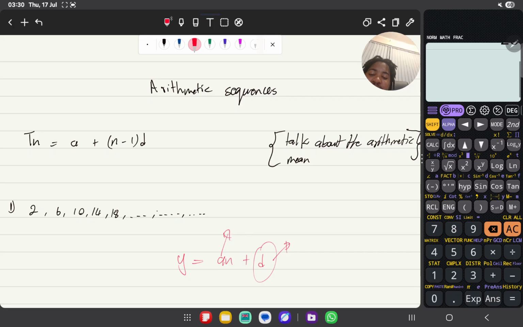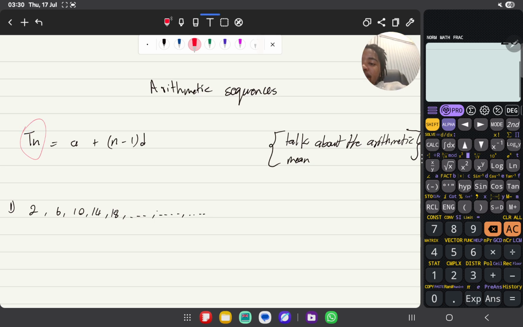To find it, we did something like first term minus common difference. But in grade 12 we use a different formula, which is this one that we have here.